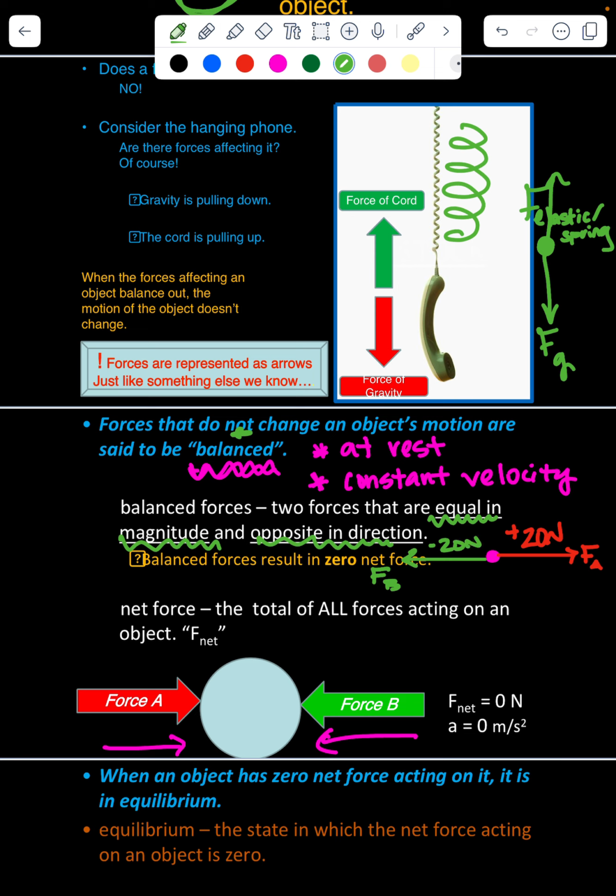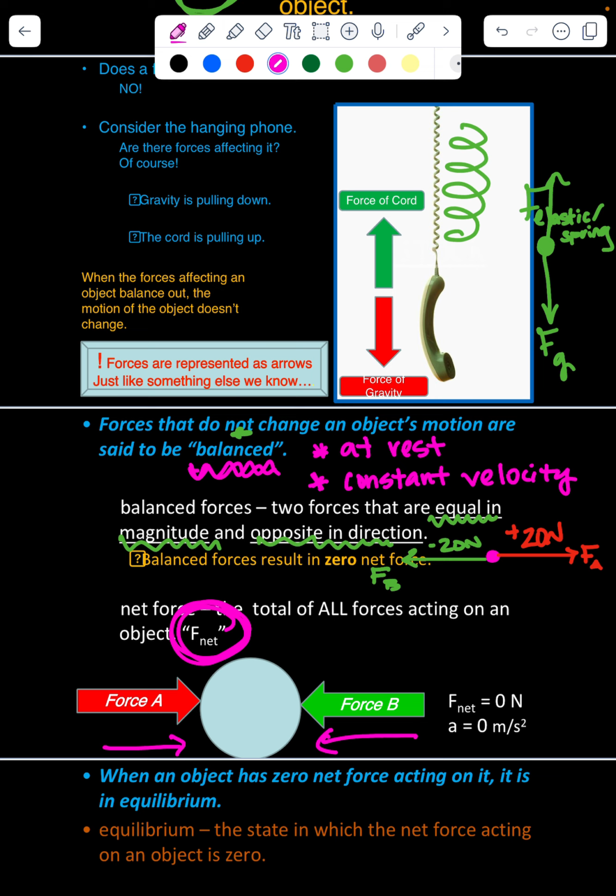If we were to combine these, just like we did with vectors, negative 20 plus a positive 20 does give us 0. Whenever we combine these forces, that is something called a net force. It's the same thing as saying the resultant force.